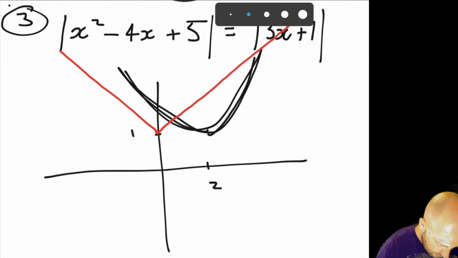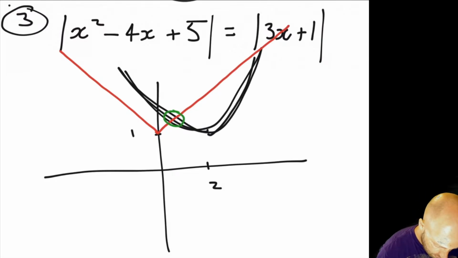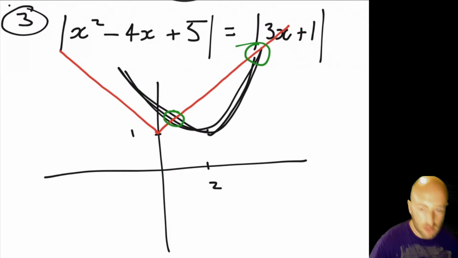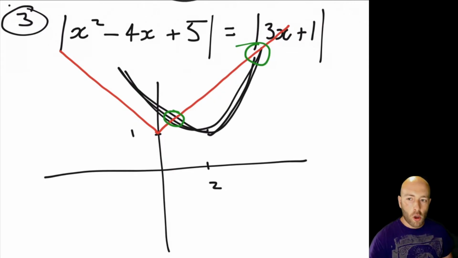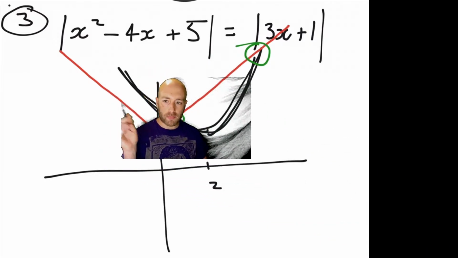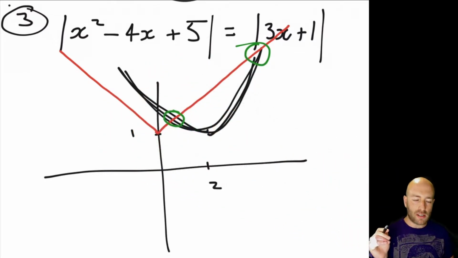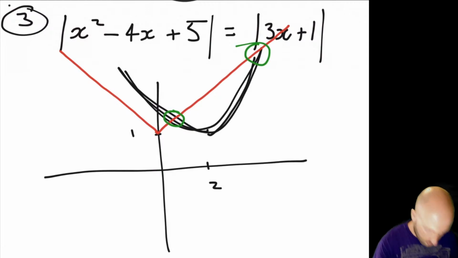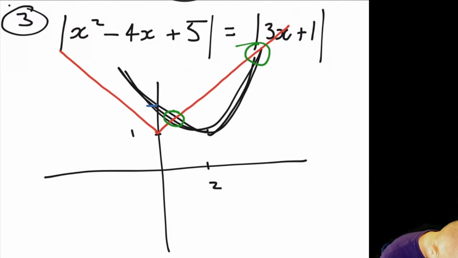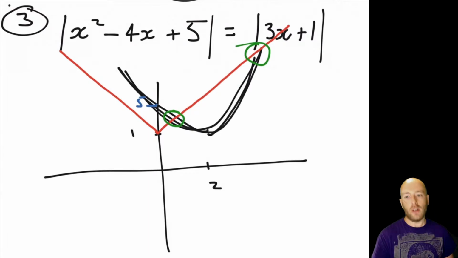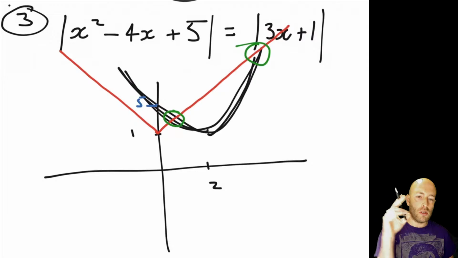So there are at least going to be 2 solutions. What we need to think about though is, does it cross anywhere here? So if we look at this, I don't think it's going to, because the quadratic crosses at 5. This one crosses at 1. It is a steep line, but I don't think it's going to get up to that point.